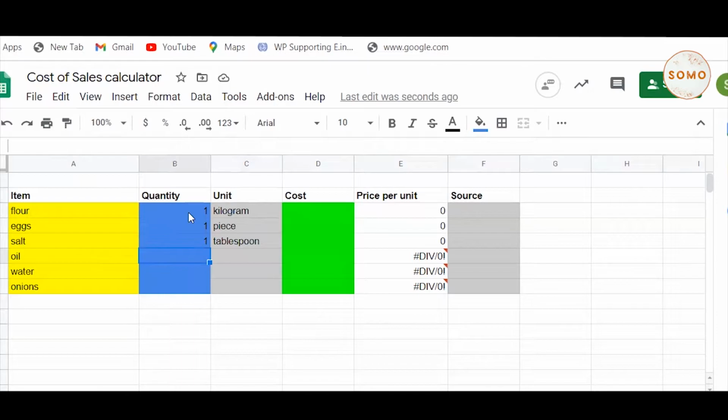In the case of oil, we'll need 1 liter. In the case of water, we will need 10 liters of water. Lastly, in the case of onion, we'll need 1 piece of onion.